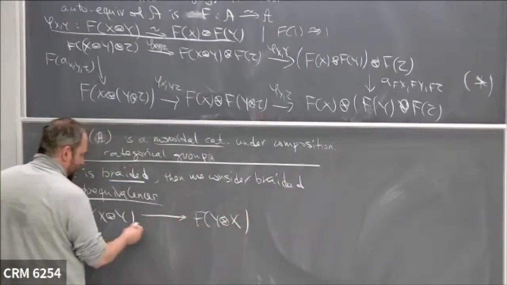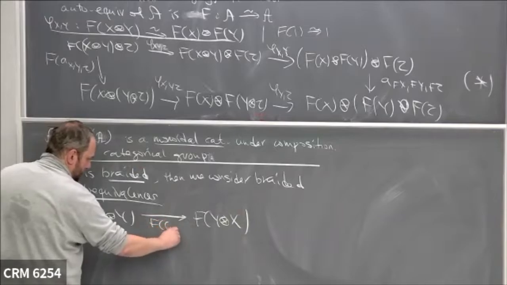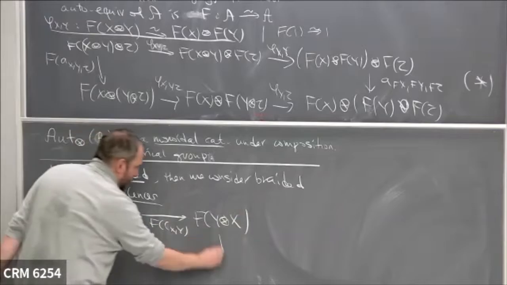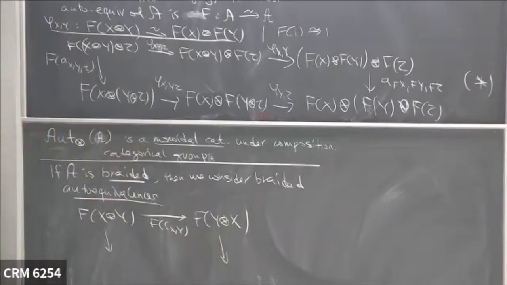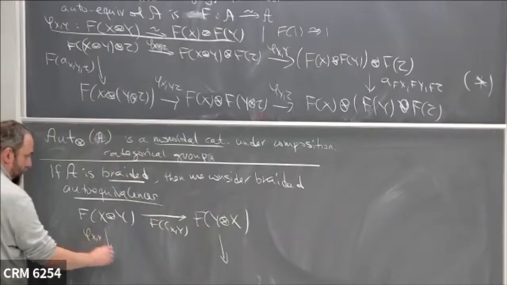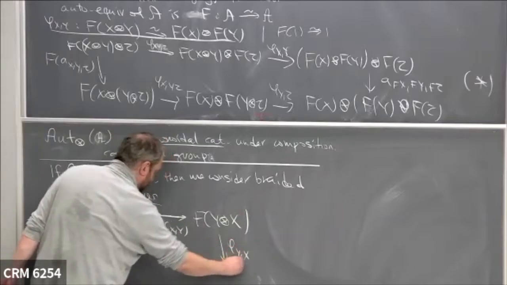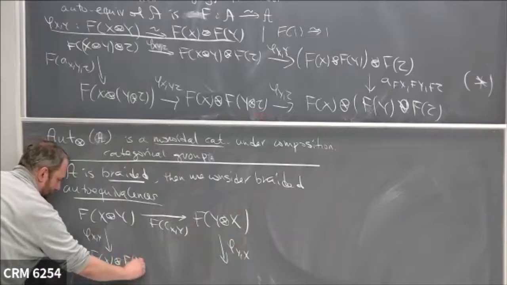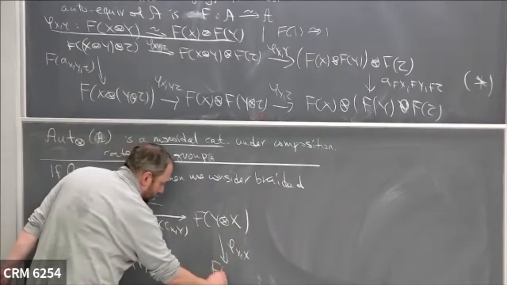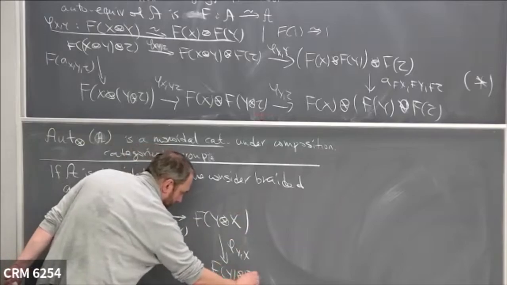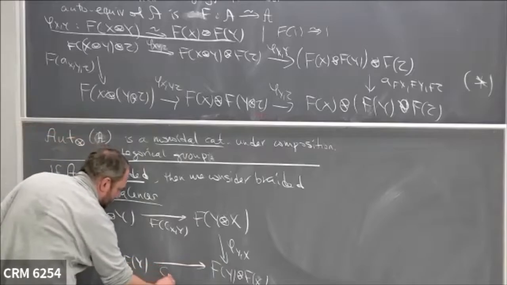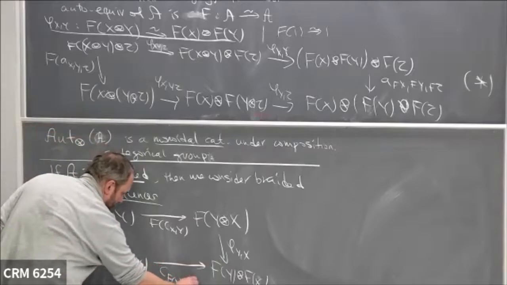So here, if you apply F to the braiding, and then we can apply the monoidal tensor structure, here it will be phi_{x,y}, here phi_{y,x}. You get F(x) tensor F(y), F(y) tensor F(x), and this would be the braiding c_{F(x),F(y)}.